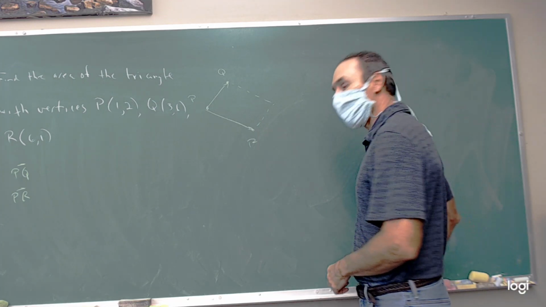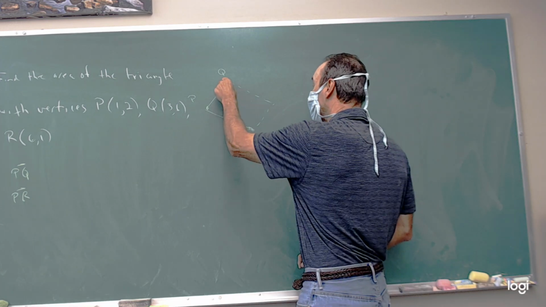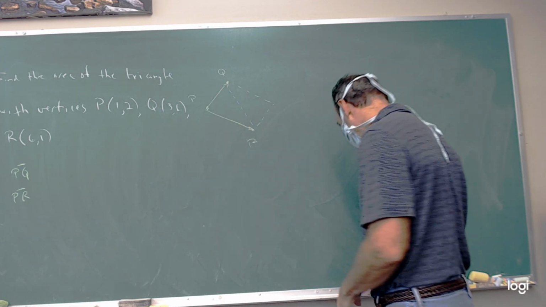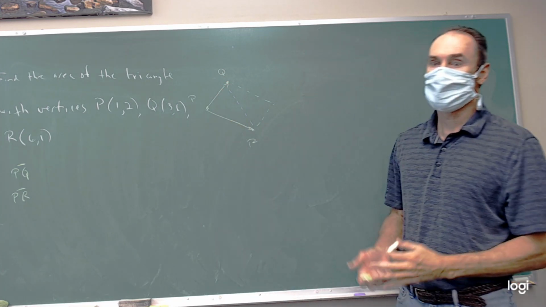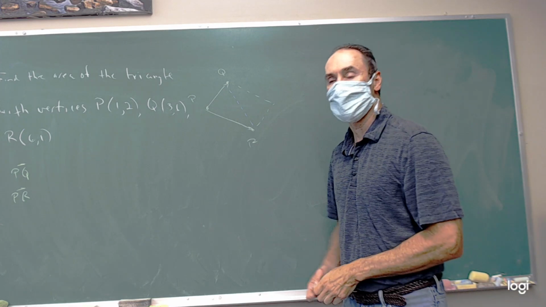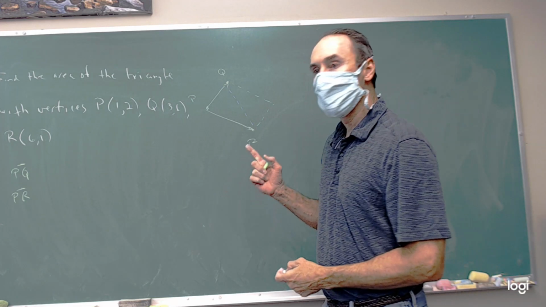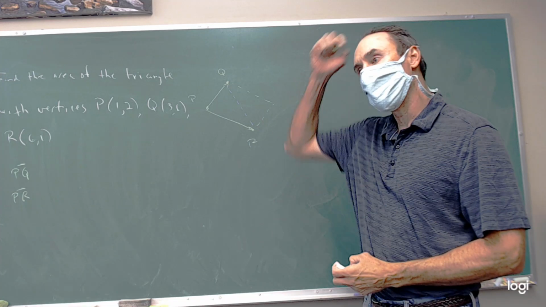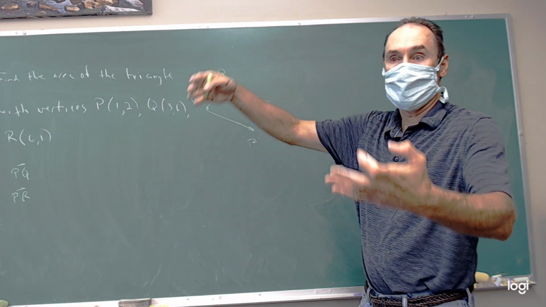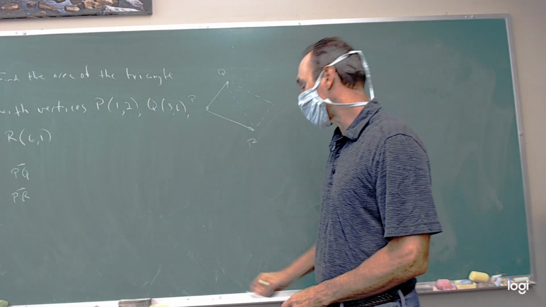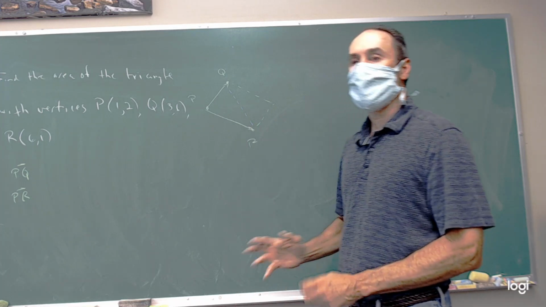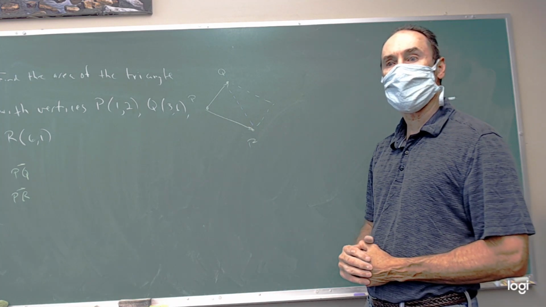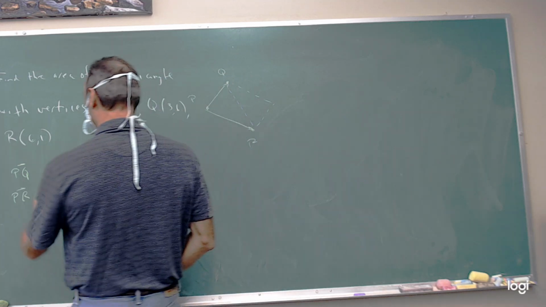We want the area of the triangle. And so how will they be related? So we're going to make PQ, make PR, get a determinant, evaluate it, take the absolute value of it in the event that it turns out to be negative, and then take half of that. Make sense? All right.